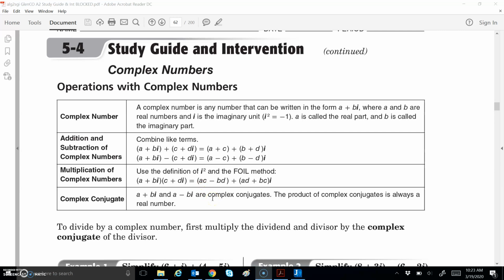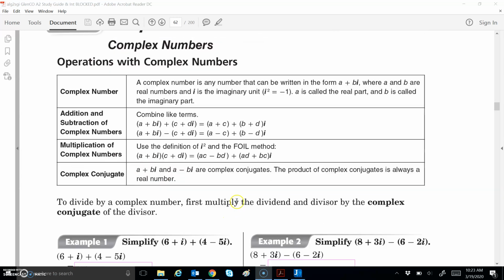When we FOIL, know that i times i is i squared, so that's something to keep in mind. Everything else is the same. Your middle terms should be some sort of combination, but this i squared becomes -1, and so we can combine it with the first.